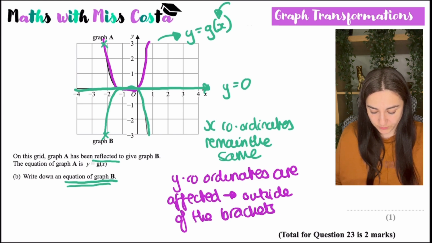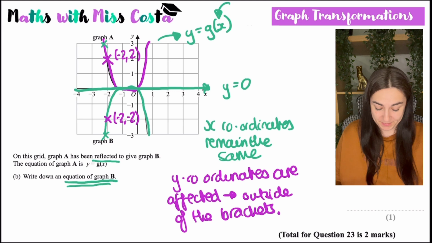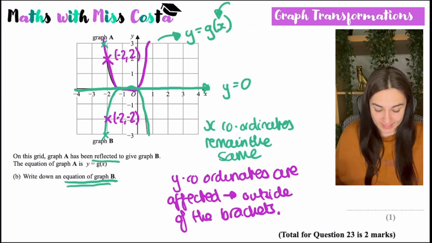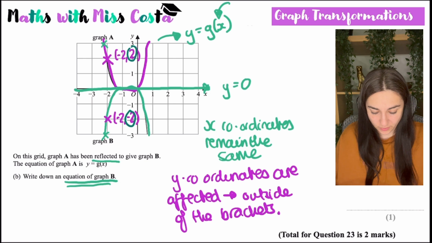So what's happening to all of my y coordinates? Well, let's just pick this coordinate here on my original graph. That would be -2, 2, and then its mirror image is over here, which is -2, -2. So what's happened to my y coordinate? Well, it's been inversed. So it was originally positive and now it's negative. Let's try another one.